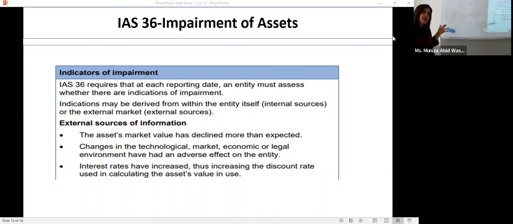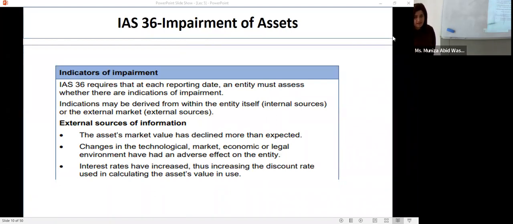At the end of every reporting date, you are not going to conduct an impairment review, but you are going to see whether indicators of impairment are present or not. So, indications may be derived from within the entity itself, internal sources, or external sources. External sources of information, number one: the asset's market value has declined more than expected.